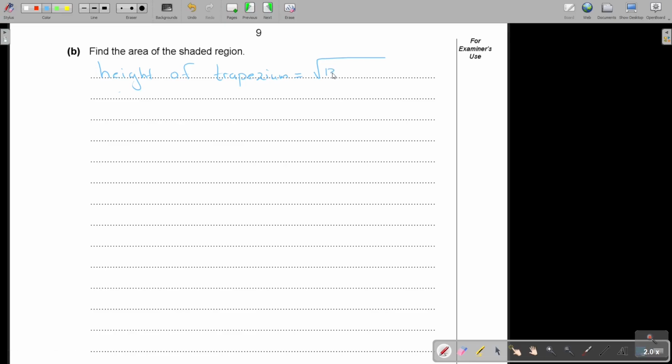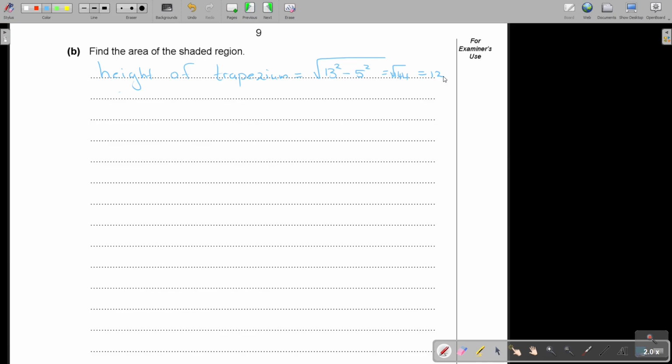So it's going to be the square root of 13 squared minus 5 squared. And that is going to be the square root of 144, because it's 169 minus 25. And that is going to be an answer of 12. Okay, now I can start working out the shaded area.